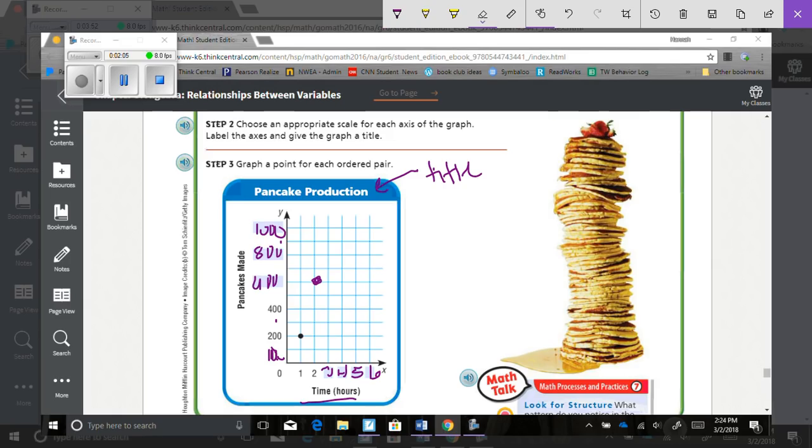I couldn't read my own handwriting. 2, 400. 3, 600. 4, 800, and 5, 1,000, and we didn't have to graph anything for 6.